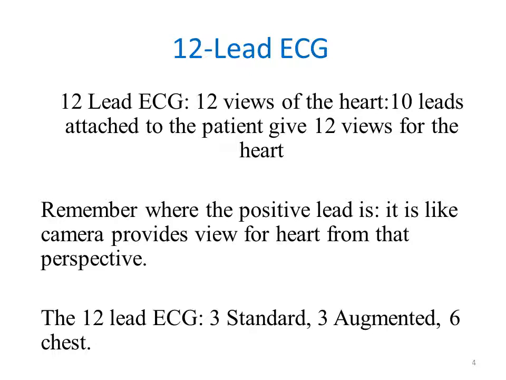These 10 leads are placed on the chest and on the limbs: right hand, left hand, right leg, left leg, 4 limb leads, in addition to the 6 chest leads equal 10 leads. These 10 leads provide us with 12 views.